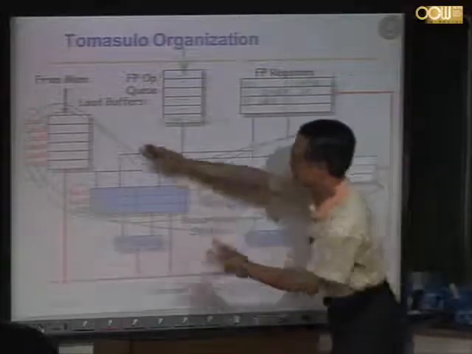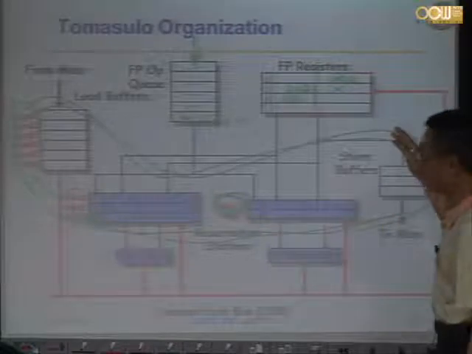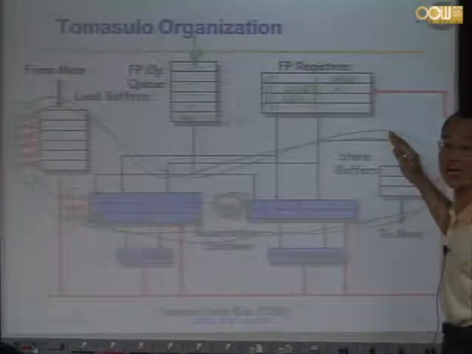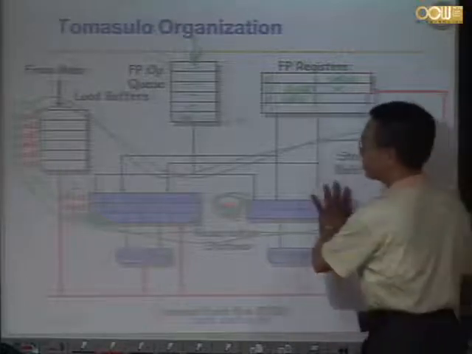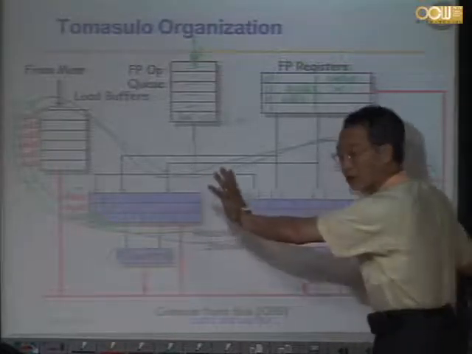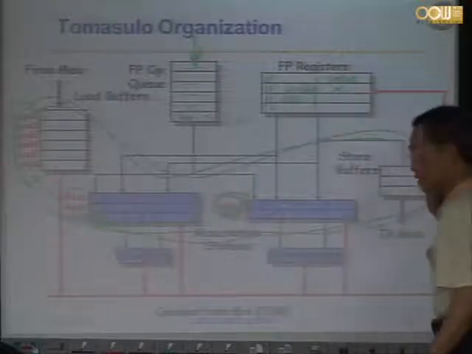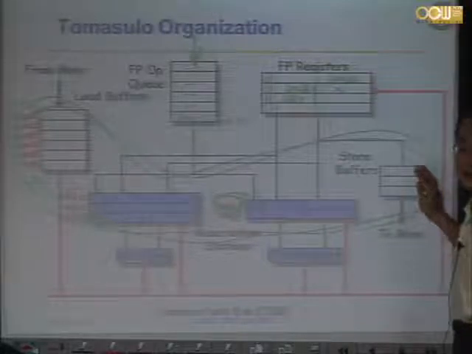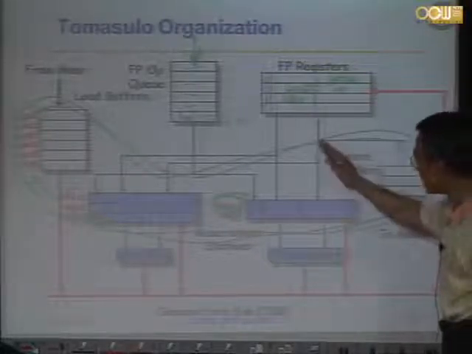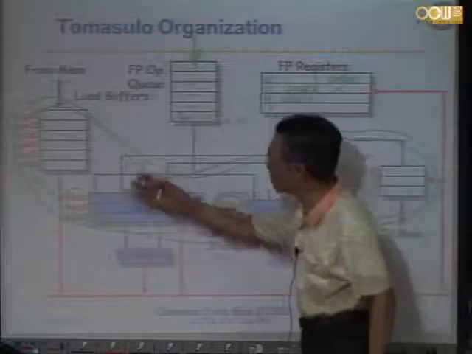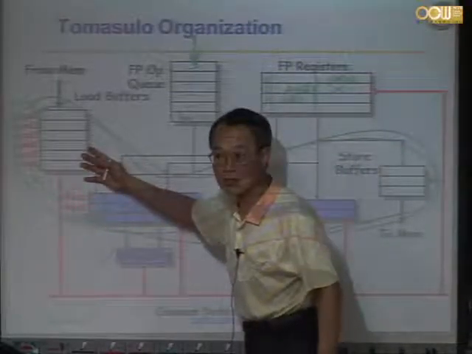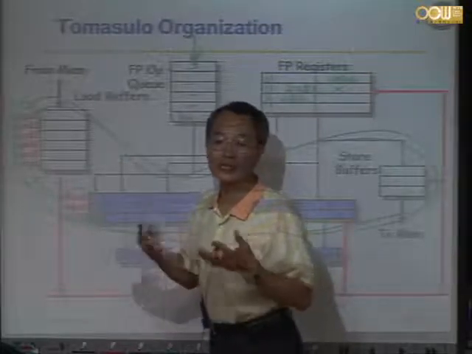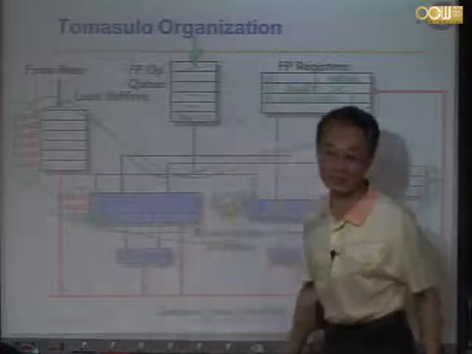Remember, there are so many reservation stations, but they can be divided into two kinds. One is those that will generate new register value. The other is those that will not generate new register value. Any that will generate new register value act as extra register storage locations.